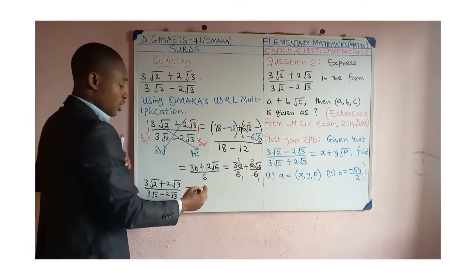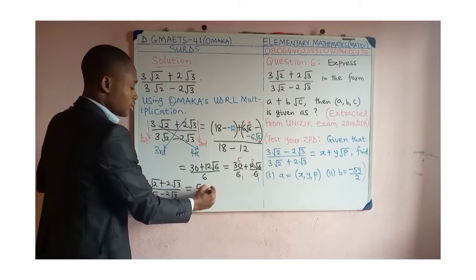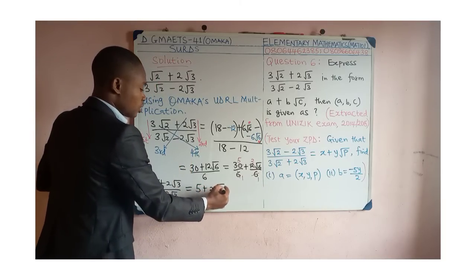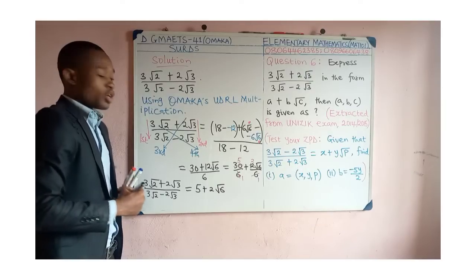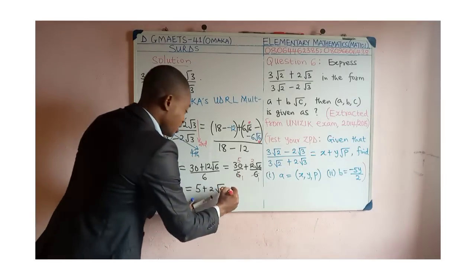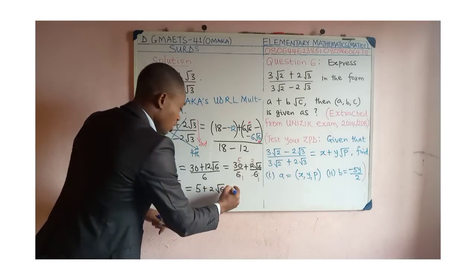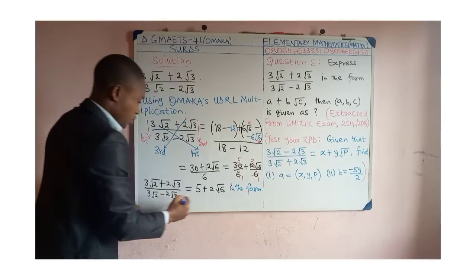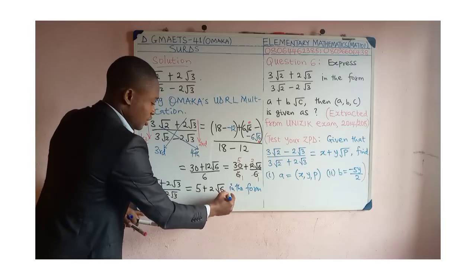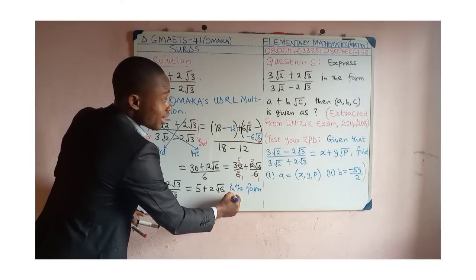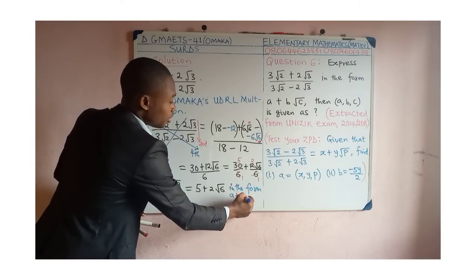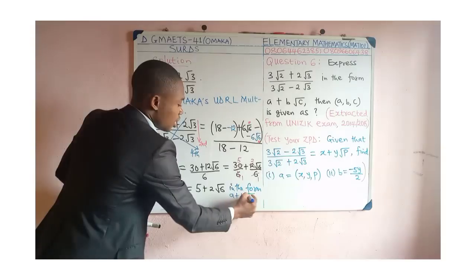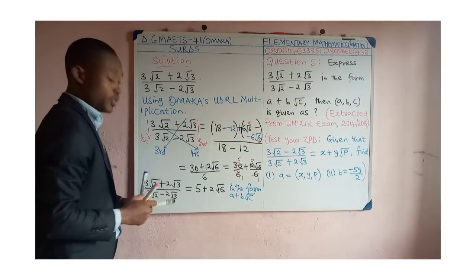So this is going to give us 5 plus 2 root 6. So you see, we've expressed this in the form, okay, let me write it here, in the form A plus B root C. A plus B root C.